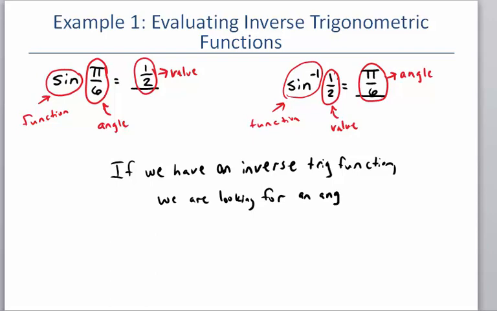And this is so important because students get confused here, because the original problems that we worked, we're looking for the value. When we switch to the inverse, we're now looking for the angle. Okay, so that's an explanation of what we're going to be doing. We're going to be looking for the angles that go with the given trig function and the given trig value.